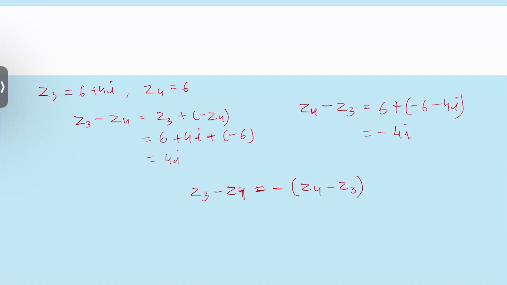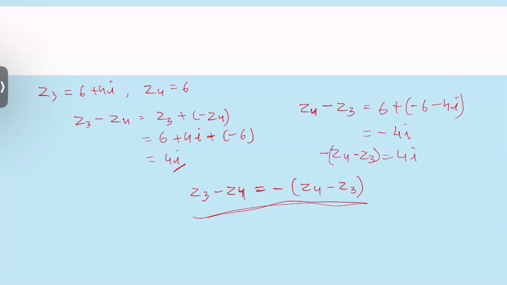If you change the sign of this, what you get is 4i, which is equal to Z3 minus Z4. So this is an example showing that the law holds good.